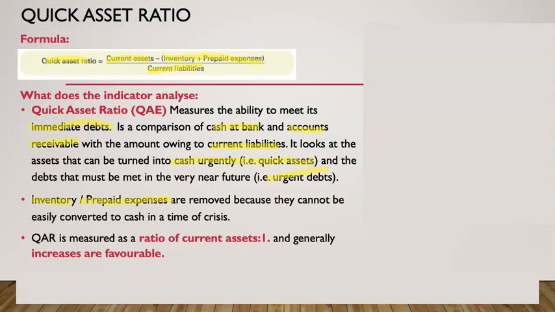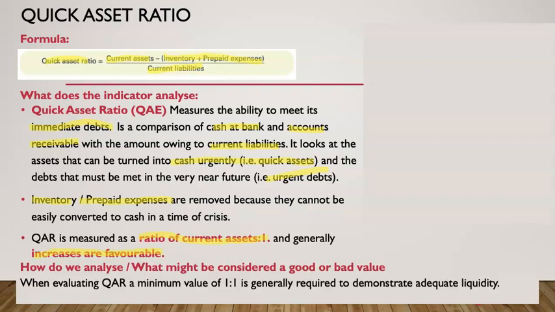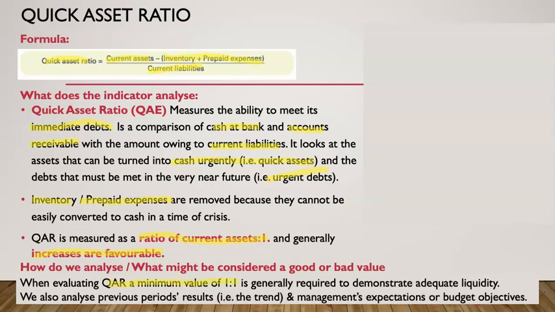So quick asset ratio is again going to be a ratio of current assets to 1, and increases are favourable. We're hoping for a quick asset ratio with a minimum value of 1 to 1. That is your benchmark. But we're also going to look at trends, management expectations, and budget objectives.